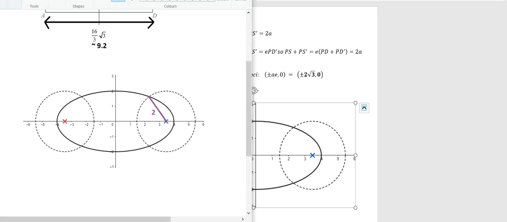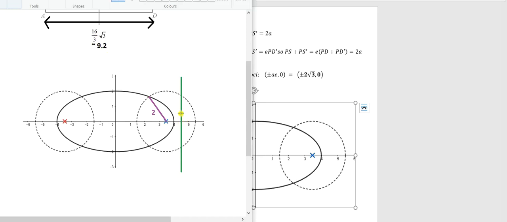Now if we consider the directrix, which is going to be at some further point, this is the 8 root 3 over something. This line is somewhere like, let's see, it's about 4.6, I believe. So I'm going to draw it here. I'm doing half of 16 root 3 over 3. So half of 9.2 is about 4.6.